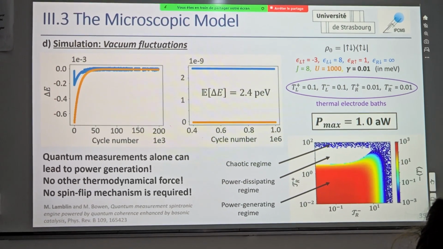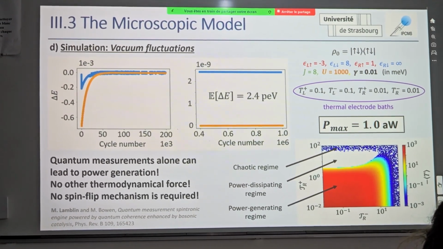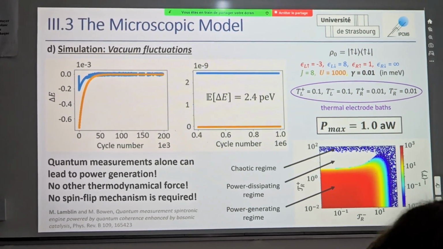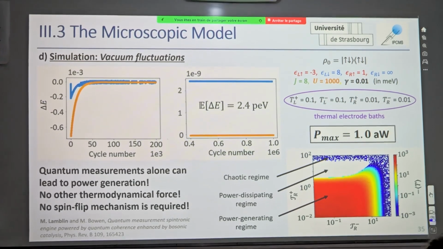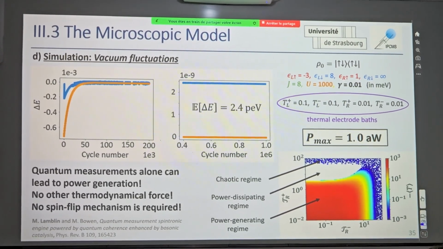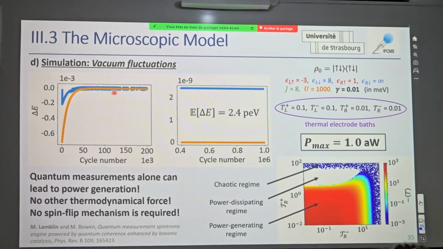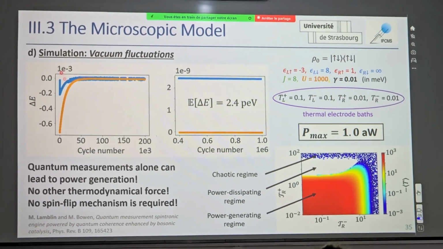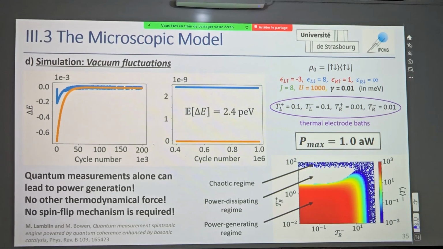And so I could simulate the cycle and show that it was indeed producing energy even after the cycle stabilized in a non-equilibrium steady state.